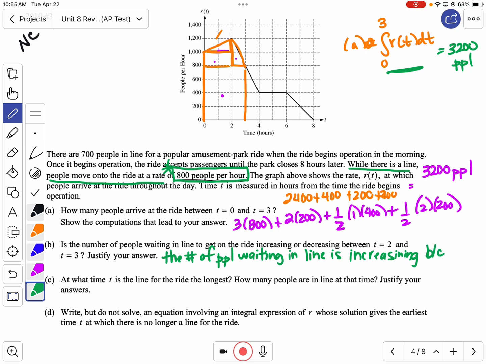Right, because people move onto the ride at a rate of 800 people per hour. And it's because it's positive.